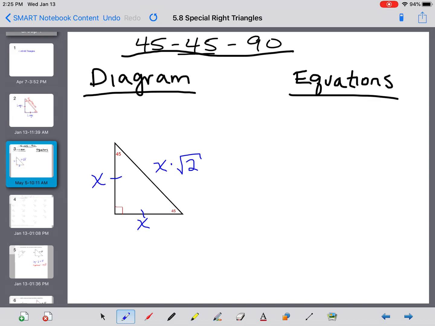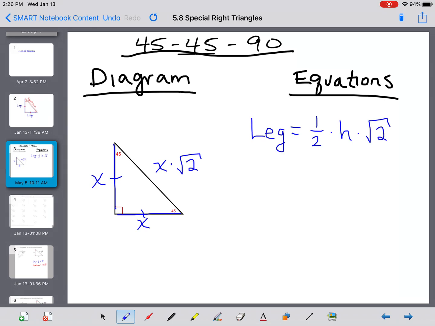Now we also have some equations. If we were missing the legs, but we were told what the hypotenuse is, the leg is equal to 1/2 times the hypotenuse times the square root of 2.